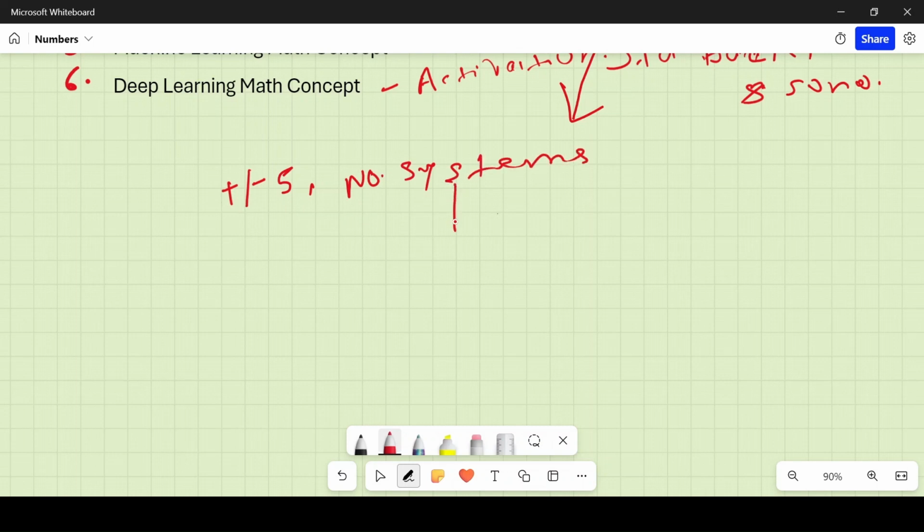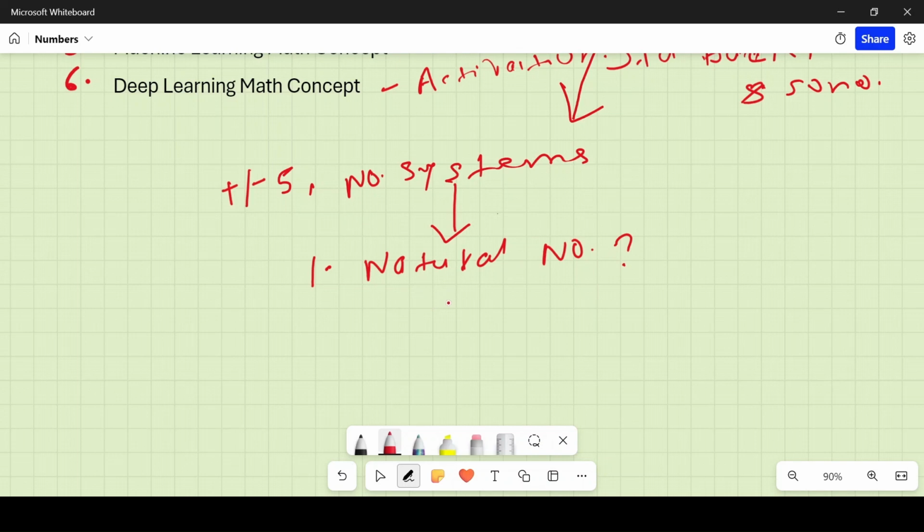and under these number systems we have different types of numbers. So let's start with the first number system, and that number system is natural number. So what is actually a natural number?